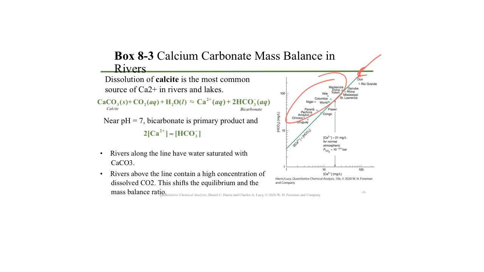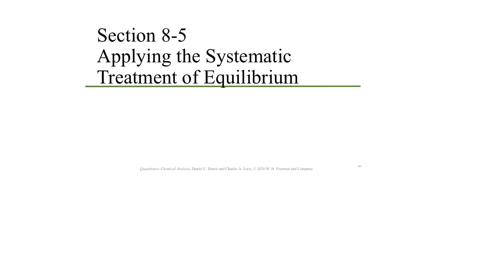So that difference is impacted again by the CO2 concentration, which is all impacted by those different factors that we've now talked about: ionic strength, activity coefficient, and now mass balance. So just a quick couple of slides on applying systematic treatment.